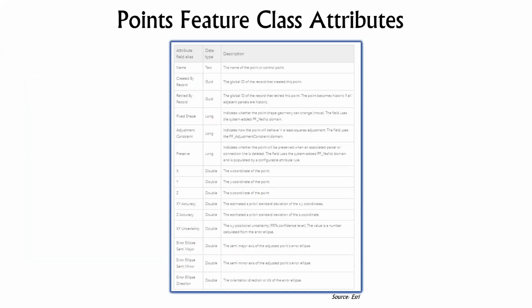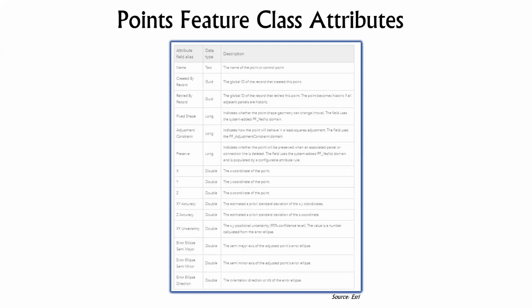Some of the fields here that I want to highlight are the created by record field, which is the global ID of the parcel record that created the point. And then the retired by record field, which is the global ID of the parcel record that retired the point. If the point or the adjacent parcels are retired, they become historic features.